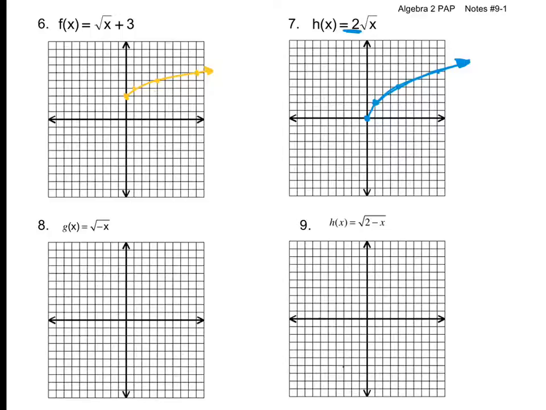I'm going to start at 0, 0, and I'll go left 1 and up 1, left 4 and up 2, and left 9 and up 3. And this causes a reflection over the y-axis.